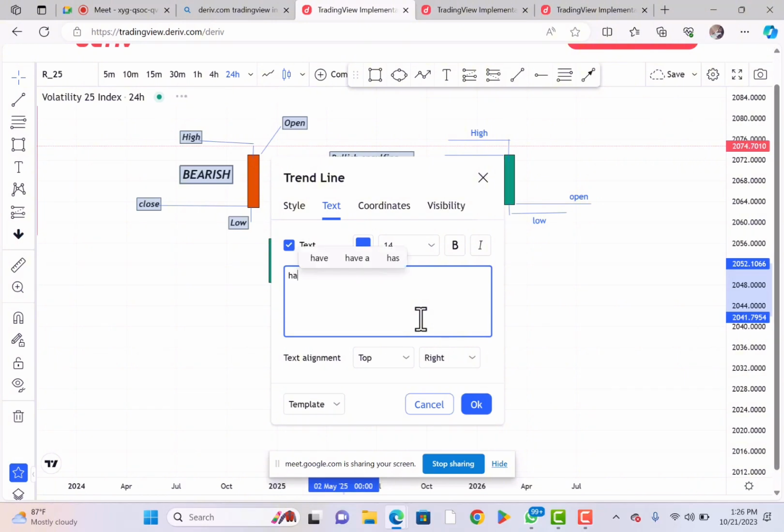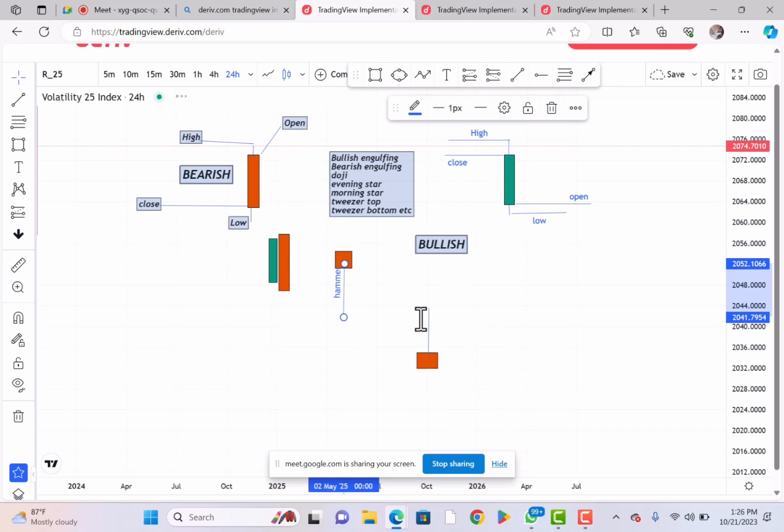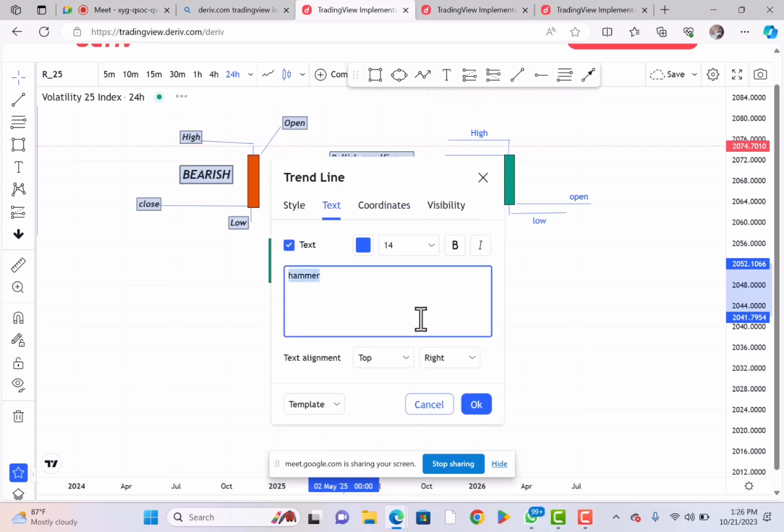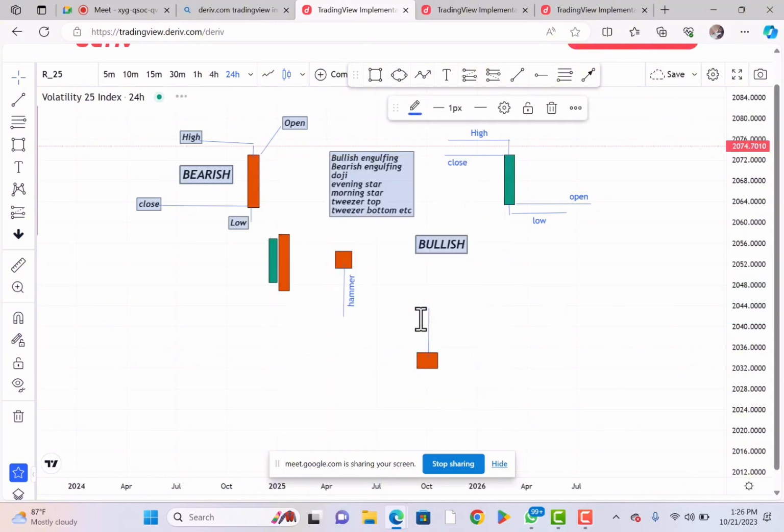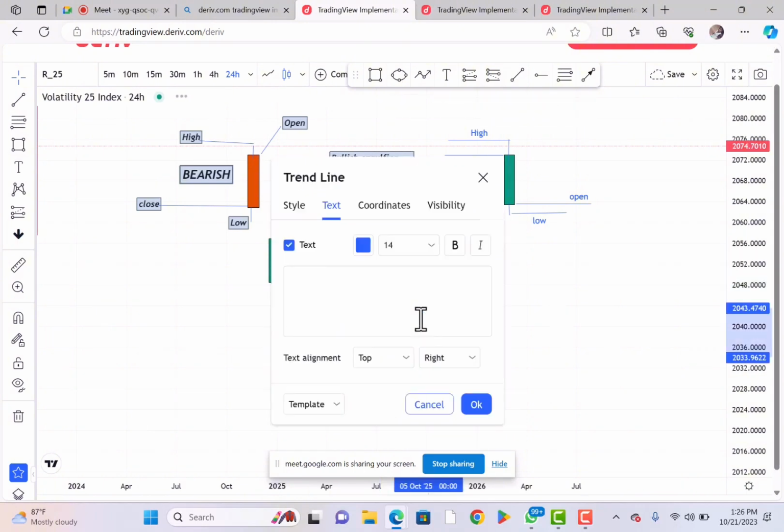This is what we call a hammer, and this is what we call an inverted hammer.